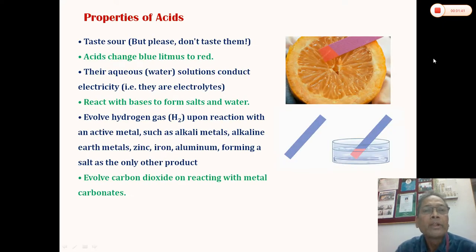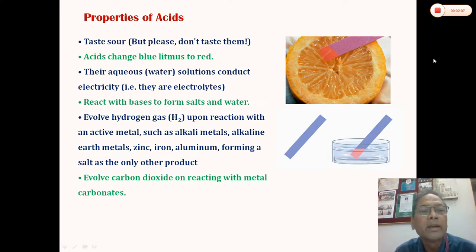So what are the properties of acids? We know that acids are sour in taste, but you don't need to taste all the acids present in the laboratory. In the laboratory, we find that acids change blue litmus to red. Their aqueous solution conducts electricity because of the formation of ions, and they react with bases to form salts and water.